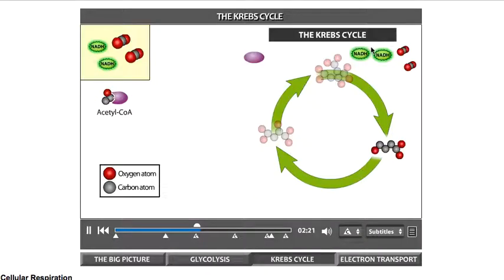Another important outcome of the Krebs cycle occurs in the next reaction, which draws energy from the remaining molecule to join inorganic phosphate and ADP into a molecule of ATP.